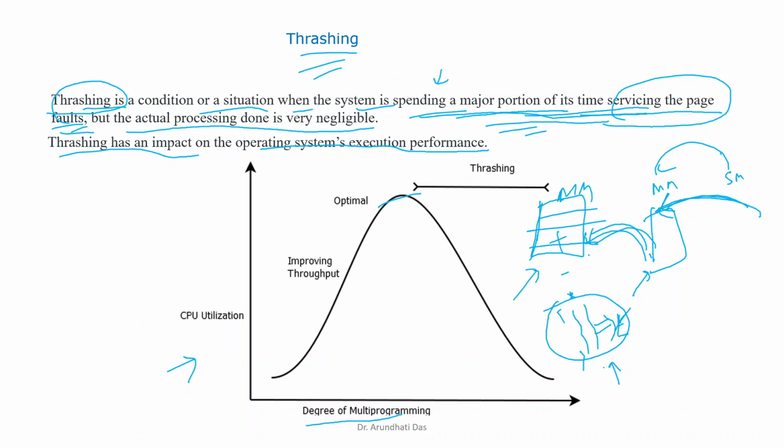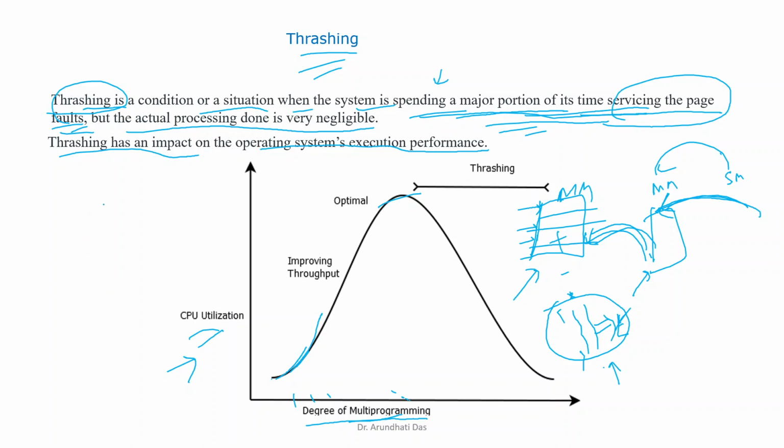And why do I do that? Because I always try to increase the degree of multiprogramming. But when I am increasing it, the pages in the main memory will be from different processes. That's why, when the degree of multiprogramming is increased, the CPU utilization is also increased.